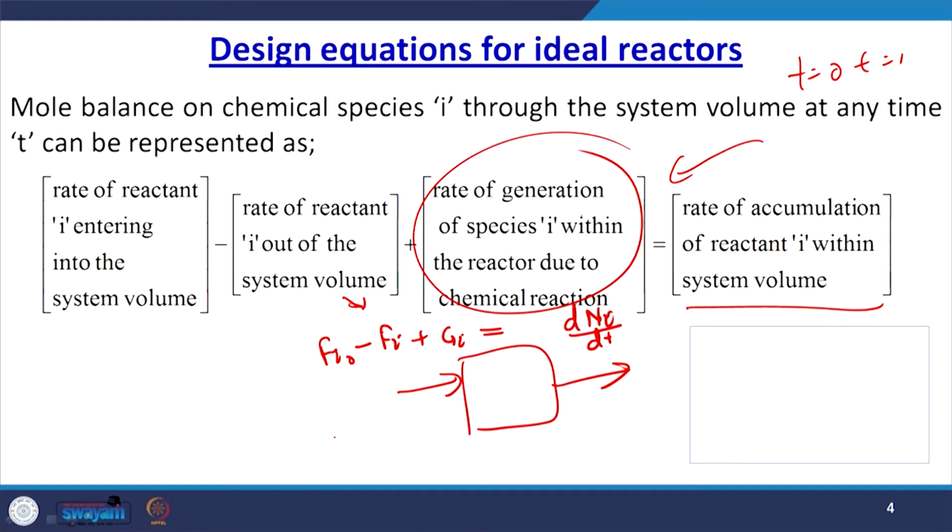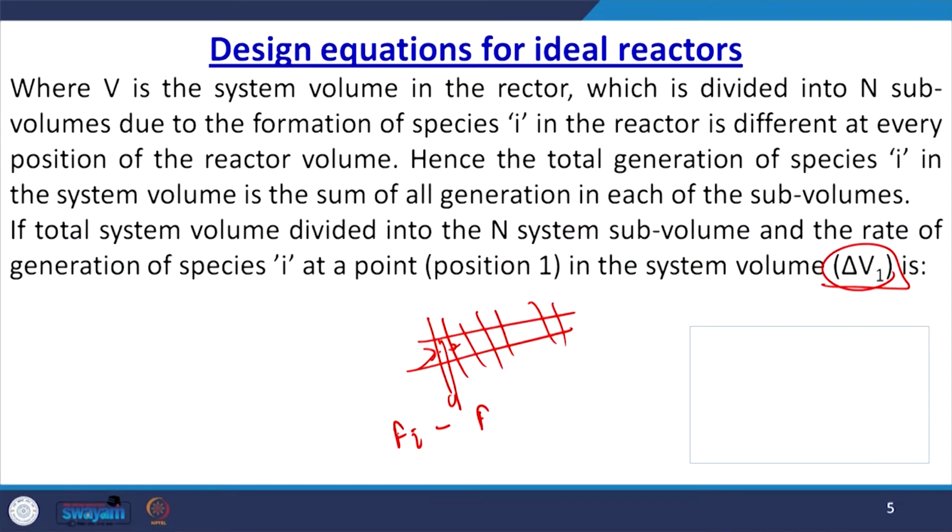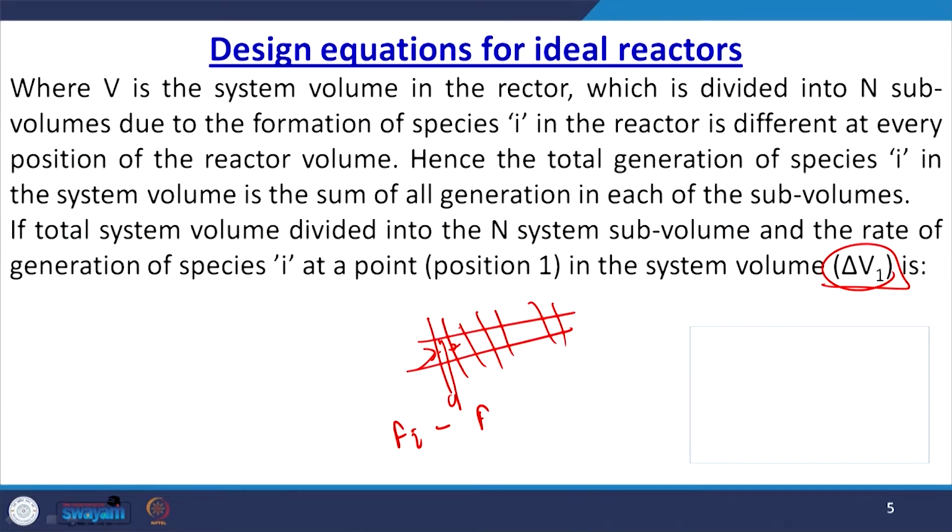The rate of generation of species I is usually given by Gi. Now, if we consider that V is the system volume in the reactor, which is usually divided into n sub-volumes due to the formation of various species I in the reactor, it is sometimes different at every position of the reactor volume.